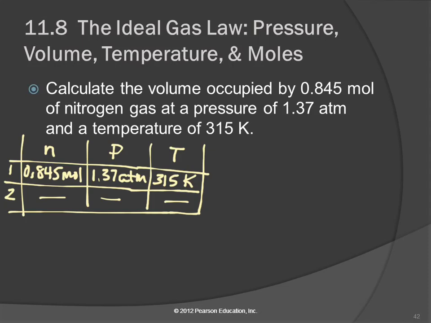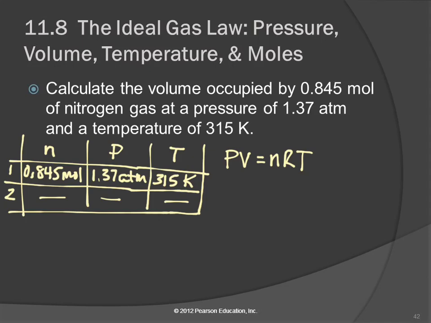It's not any of those funky ones. It's the ideal gas law. It's PV equals nRT. Because there's no ones and twos. There's just one. But is this table a waste of time? No, we've pulled all those numbers out and labeled them. So that's good. So we're going to use PV equals nRT.